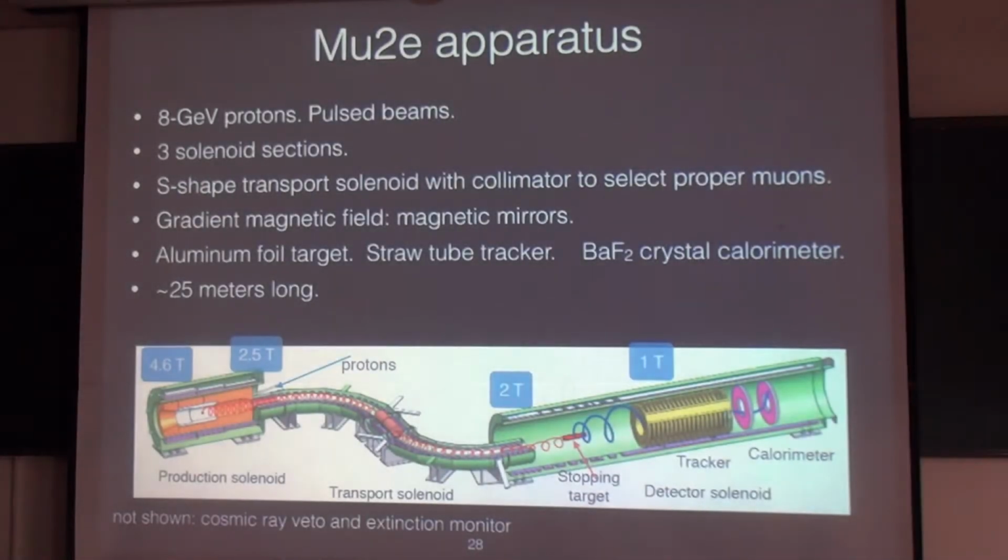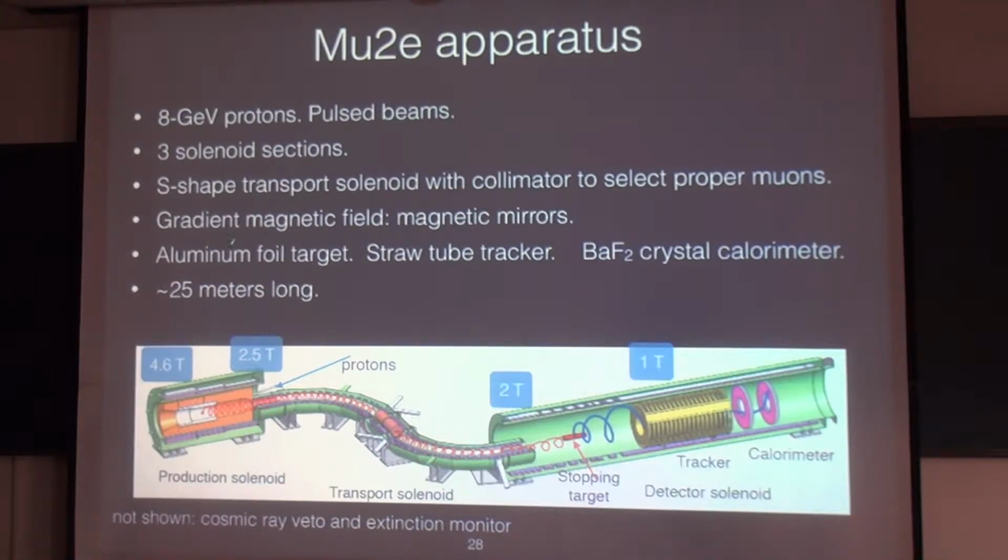So this is the proposed mu-to-E experiment at Fermilab. The approval process has been pretty good; it's very well accepted. We use the AGV proton beam, and it is a pulsed beam, which I will say more about later.